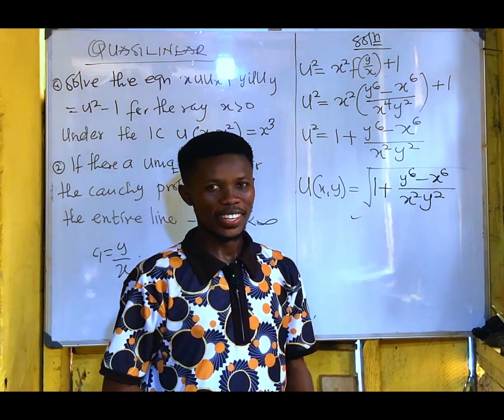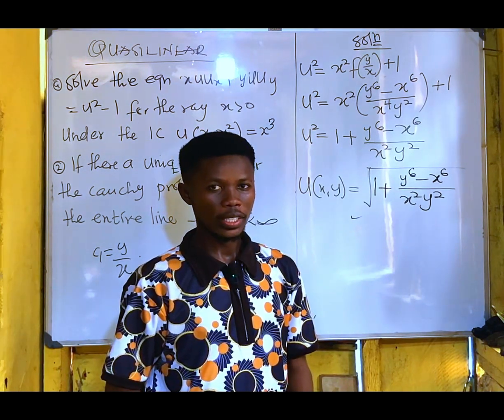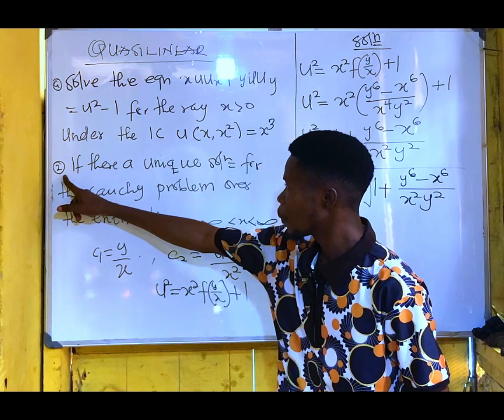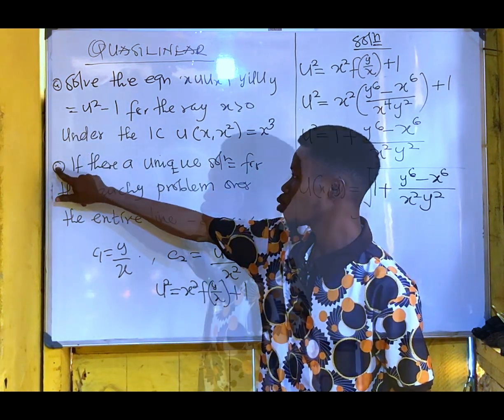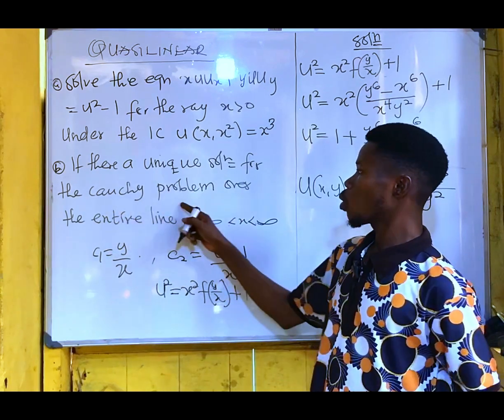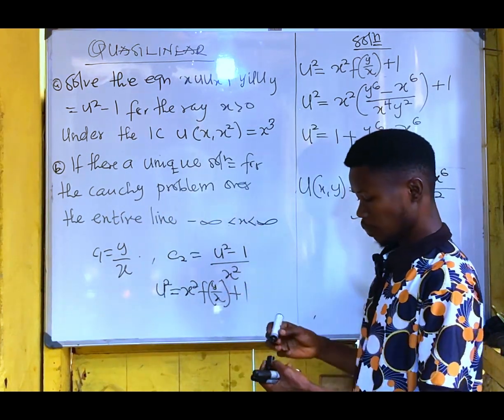Thank you. Let's move to the next question. Okay, this is supposed to be the b. Is there a unique solution for the equation over the entire line?